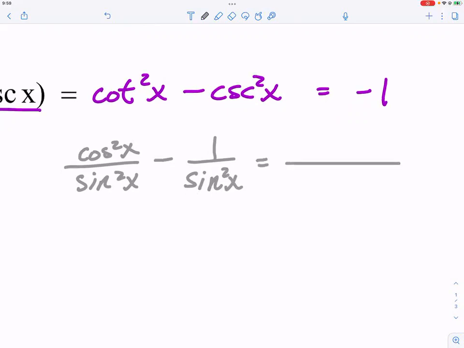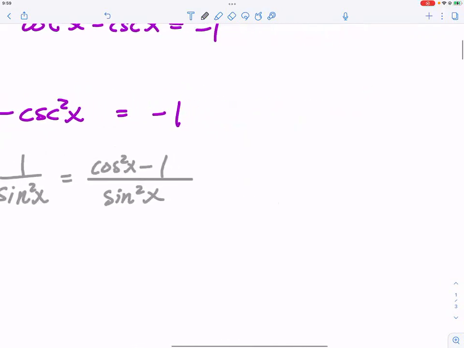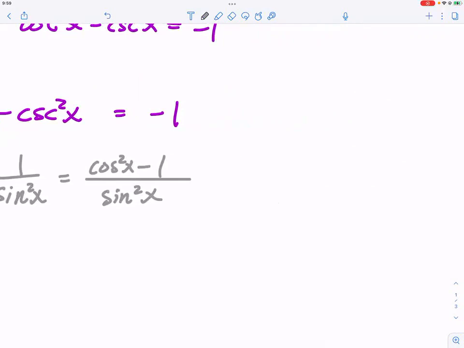Okay. So you say, oh, well, I have a common denominator of sine squared. That means I can just subtract them. And you still ask yourself a question. Well, what's cosine squared x minus 1? Well, you've got to think about this then.